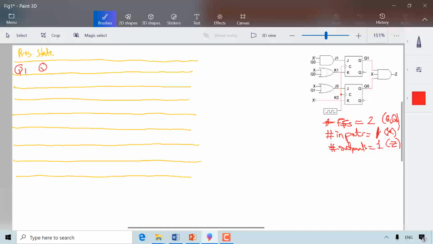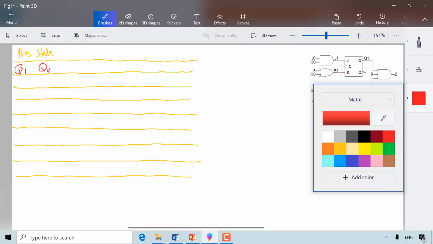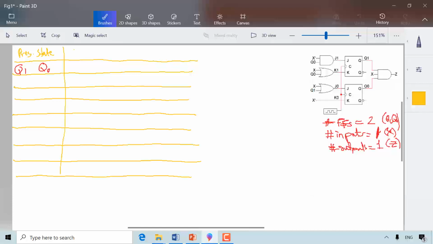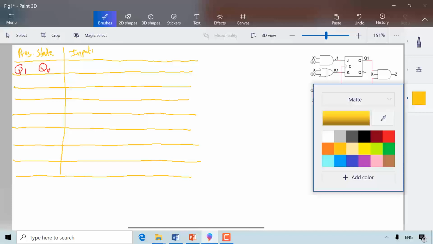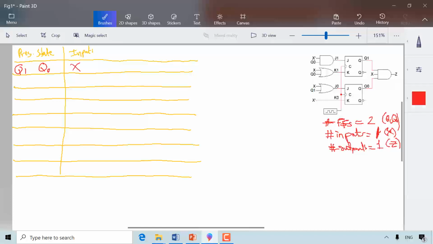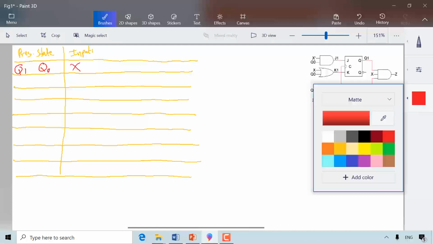And then what I want is the inputs. Of course, here I have just a single input, which is X. All right, then I have to have the next state and output.